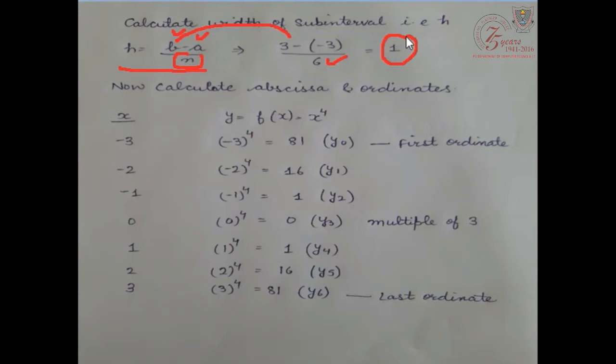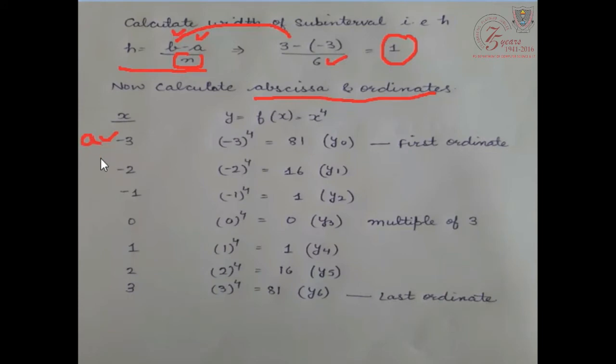After calculating the value of h, that is the width of the subinterval, we will now construct a table of abscissa and ordinate values. The first value in the abscissa is minus 3, that is the value of a.